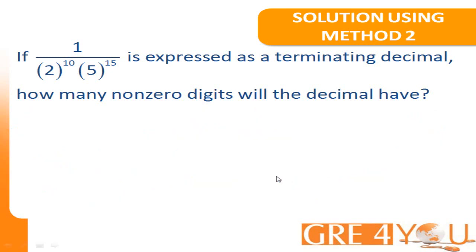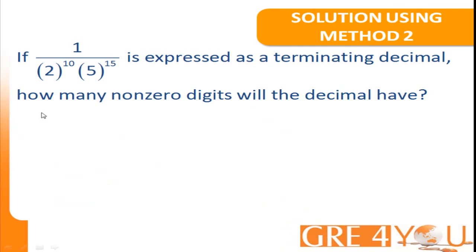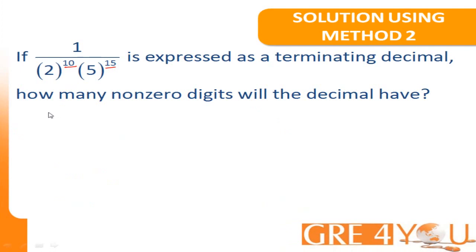Now let's take a look at doing the same problem in an easier way. The key to solving this problem quickly is to observe that the exponent of the 2, which is 10, is 5 less than the exponent of 5, which is 15. Now we know that 2 power 1 times a 5 power 1 would give you a 10 power 1.